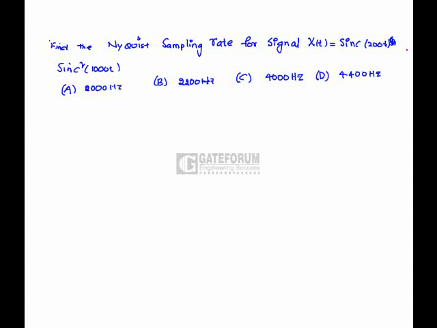Find the Nyquist sampling rate for the signal. X of t is nothing but sinc of 200t multiplied with sinc square 1000t. So in order to decide Nyquist sampling rate, we have to know what is the maximum frequency content present in the signal x of t.